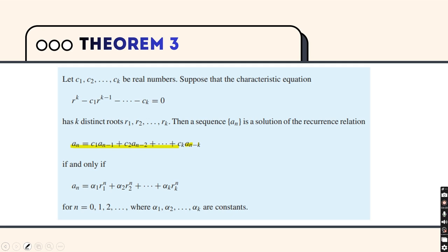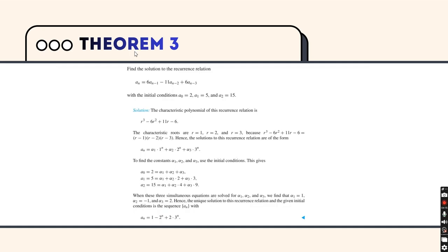So we have here an example of theorem 3. So it states that we will find the solution to the recurrence relation an is equals to 6an minus 1 minus 11an minus 2 plus 6an minus 3 with the initial conditions of a0 is equals to 2, a1 is equals to 5, and a2 is equals to 15.